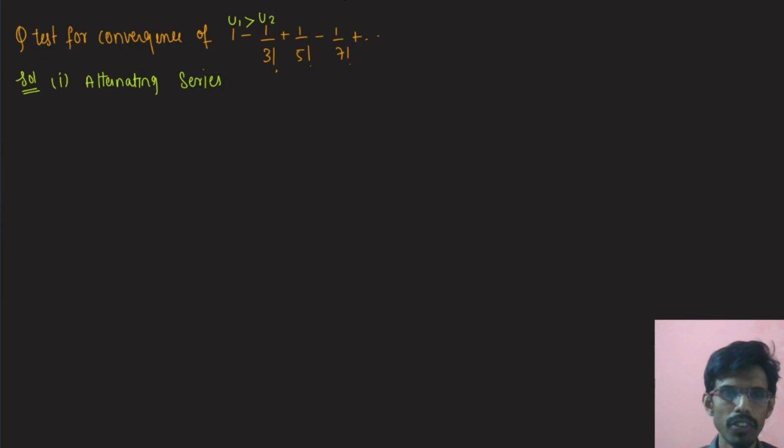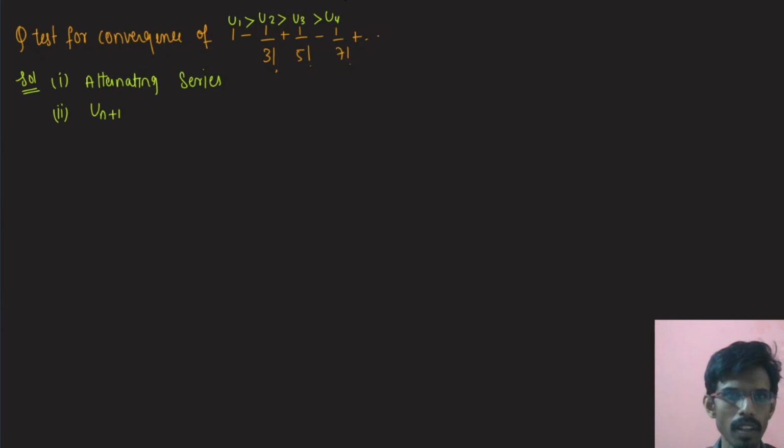So first term is greater. Now 1 by 5 factorial value is less than 1 by 3 factorial. So u2 is greater. Similarly u4, fourth term is less than u3. So terms are decreasing. So second condition is satisfied. Each term is lesser than its preceding term.